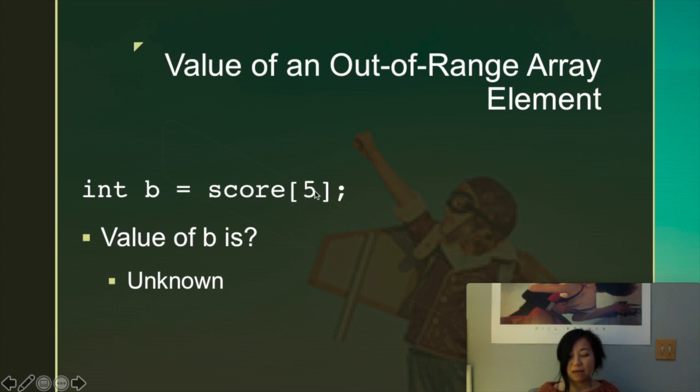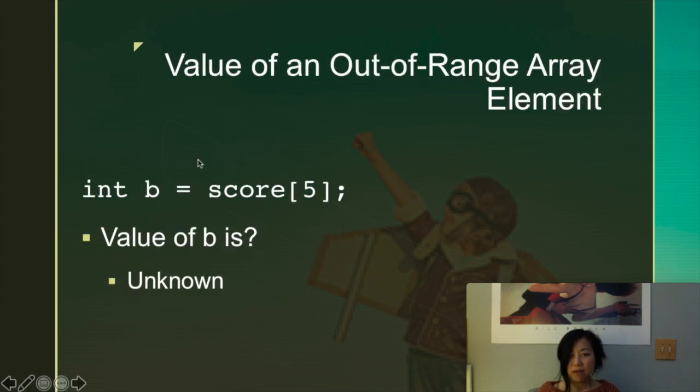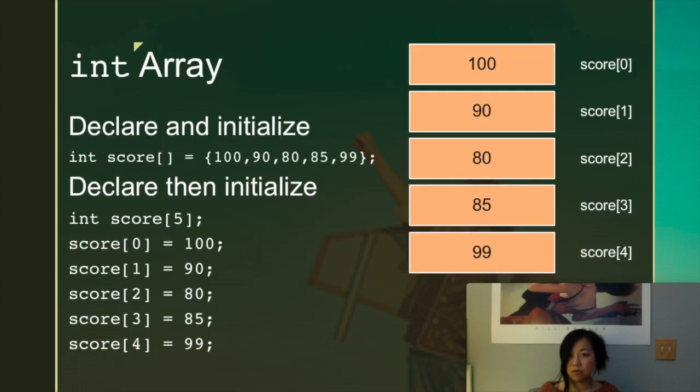Since we have only 5 elements, score 5 is actually out of range, and so B has an unknown value. You don't know what's after that array of memory. I think it's easier to show you here. You only know that there are 5 spaces for this array, and what is in here, you have no idea.